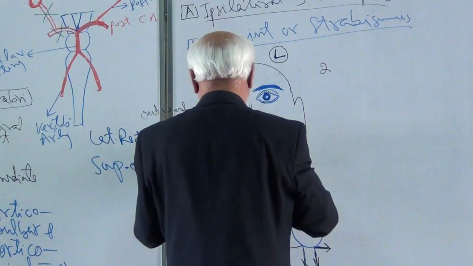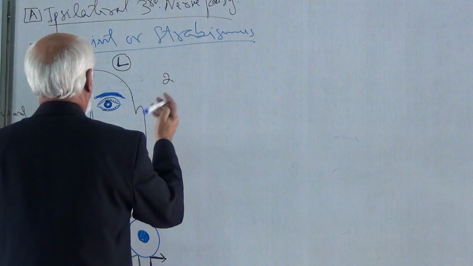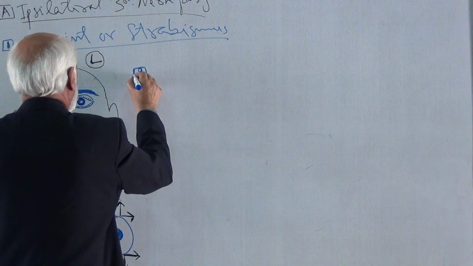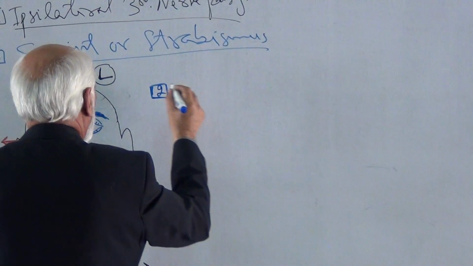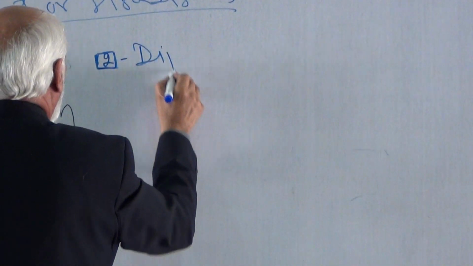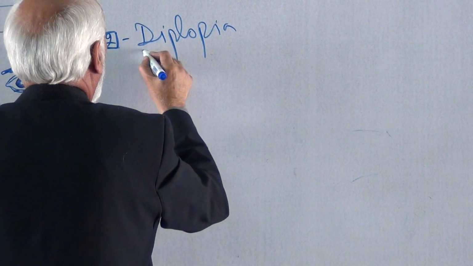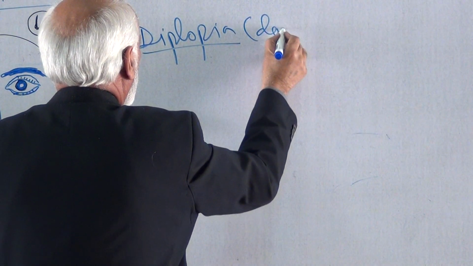Then because of squint, number 2, what will be the other sign and symptom? There will be diplopia. It means double vision.